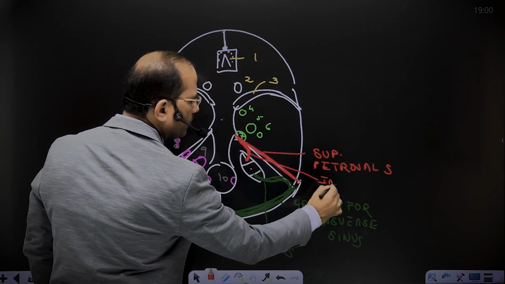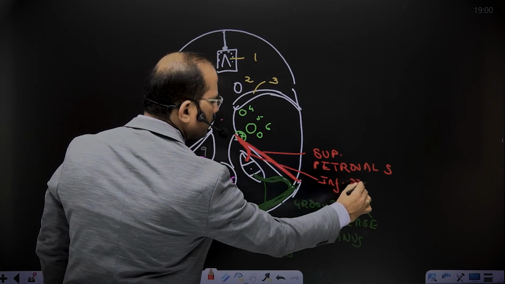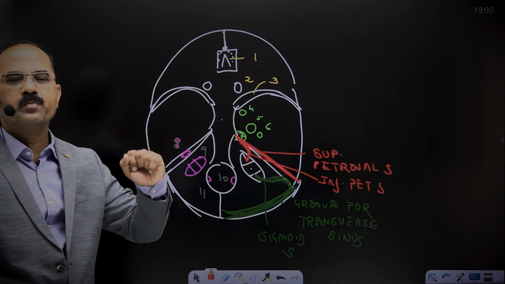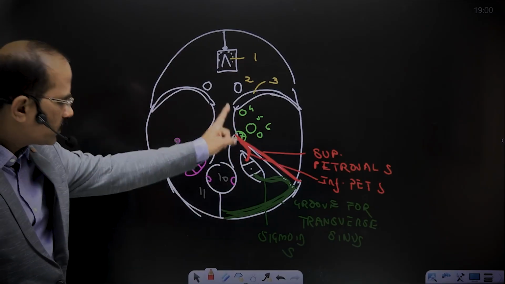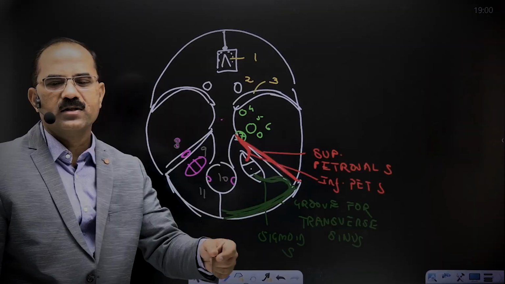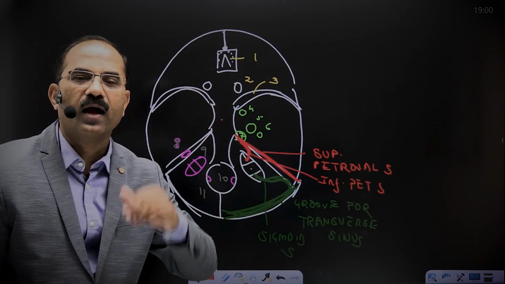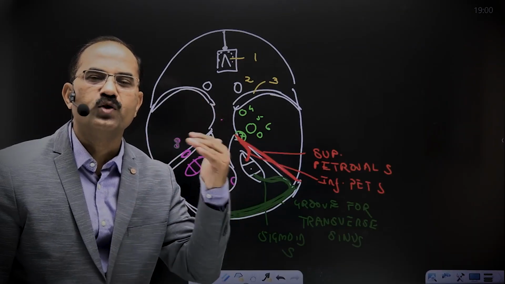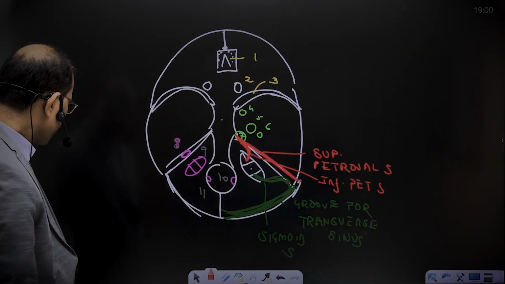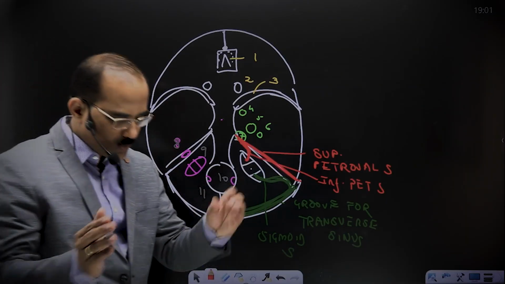That's the inferior petrosal sinus. Along the superior border of petrous part, superior petrosal. Along the inferior border is the inferior petrosal. This inferior petrosal sinus leaves the skull through the anterior compartment of the jugular foramen. Clear, students? I hope this lecture is clear to you.